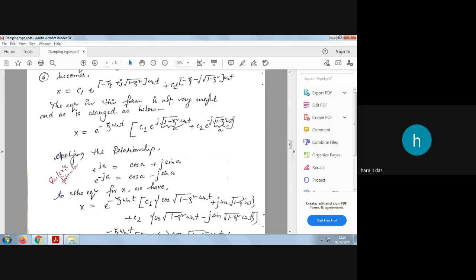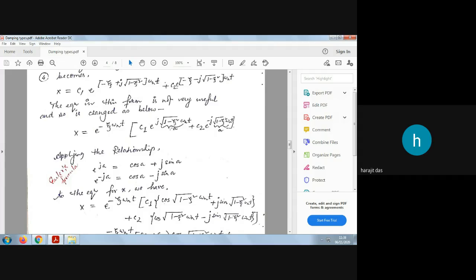This is Euler's formula, which you got not in differential calculus but in complex numbers, where e to the power iota a or e to the power minus iota a is expressed in terms of cos and sine functions. Understood? Now we will apply these cos and sine functions.